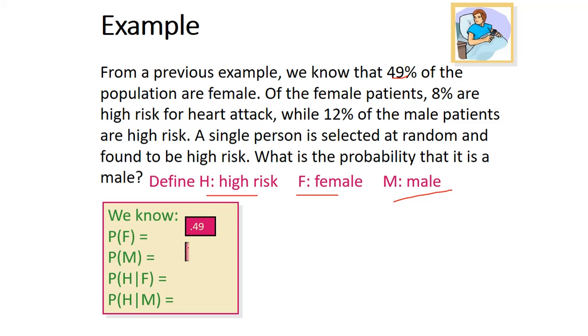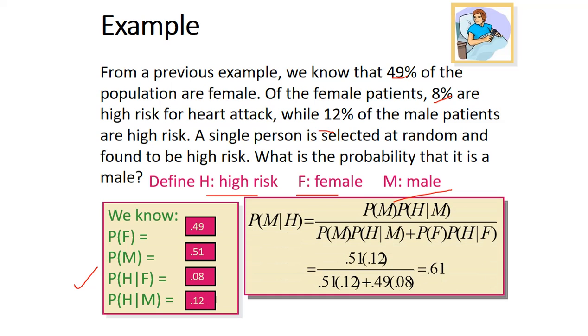Probability of males is the remainder, 1 minus 0.49, which is 0.51. Probability of high risk given female: for females it is 8%, so 0.08. For males it is 0.12. Now, by applying the formula, we can directly get all values. This is one simple example of Bayes theorem.